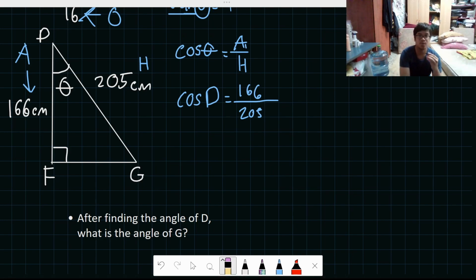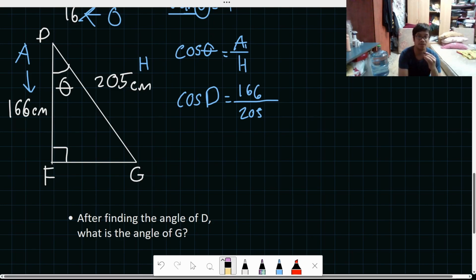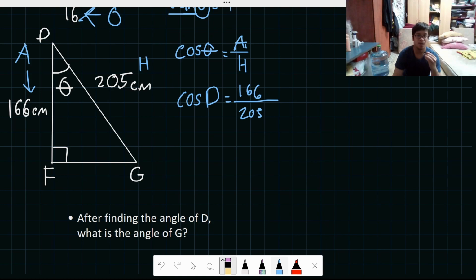Now, since we have cosine D is equal to 166 all over 205, and our goal is to find the angle D, we're going to use the inverse trigonometric function. Since we use cosine as our trigonometric function, we simply bring cosine in front, and let D be alone.